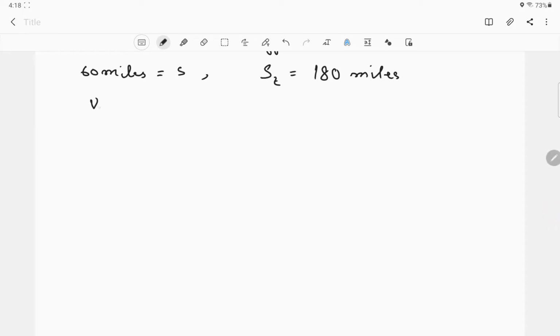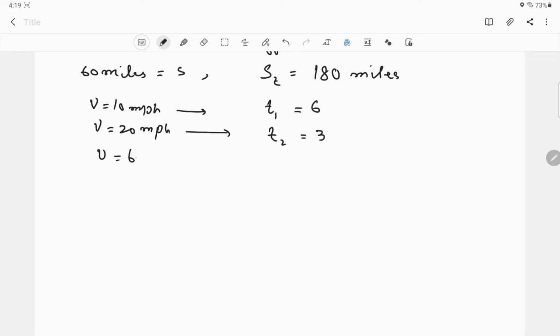The next part is to determine the times. When velocity is 10 mile per hour, how much time is required to cover the 60 mile? 10 mile in 1 hour, 10 mile in the second hour, 10 mile in the third hour, so I am concluding that 6 hours will be required. When velocity is 20 mile per hour, 3 hours are required.